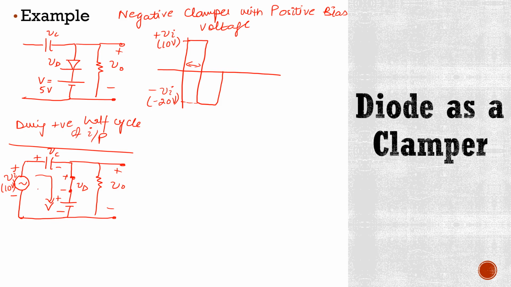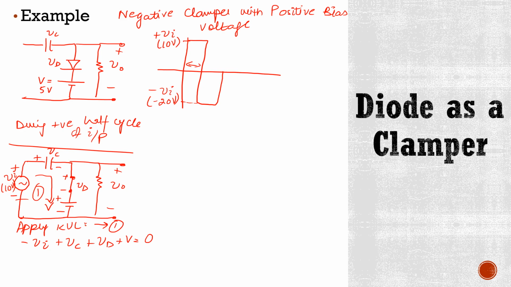Now this is loop 1. Now apply KVL here to this loop 1. Start from this point. We have minus Vi plus Vc plus Vd plus V is equal to 0.